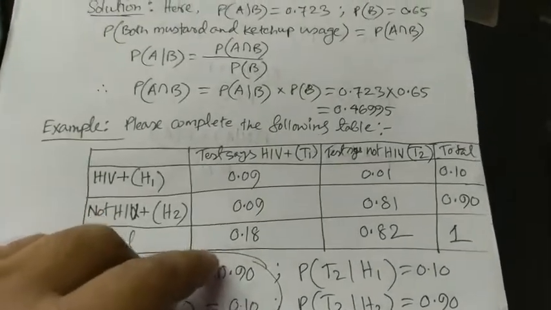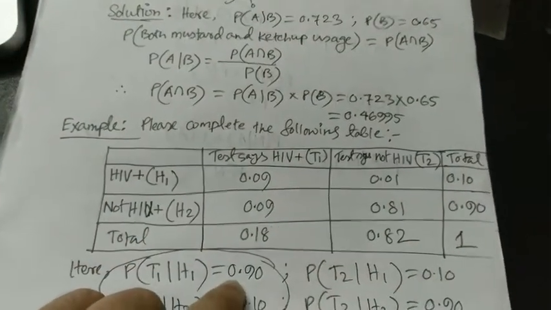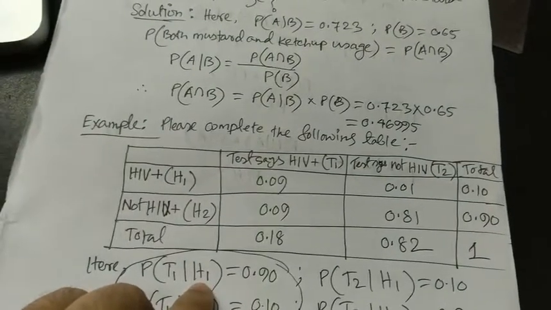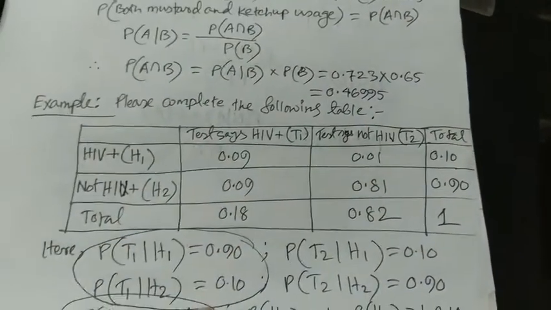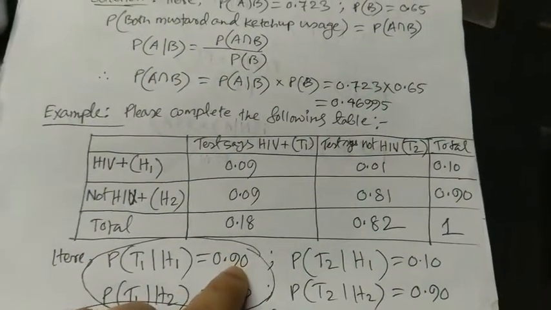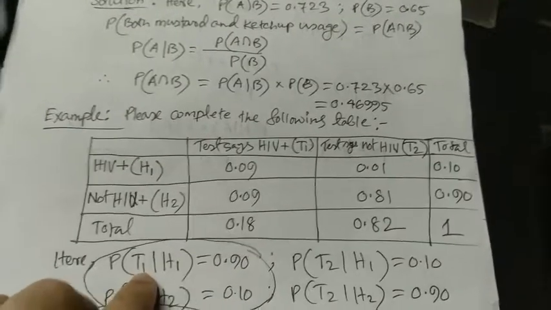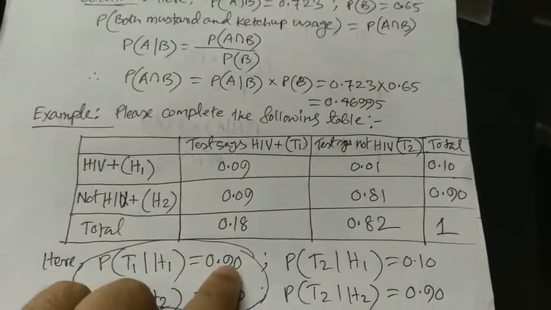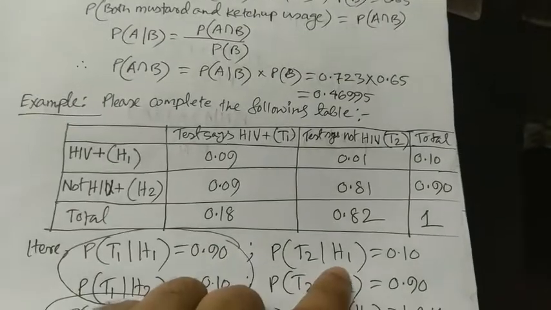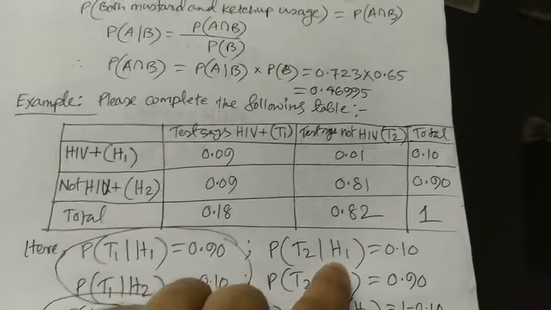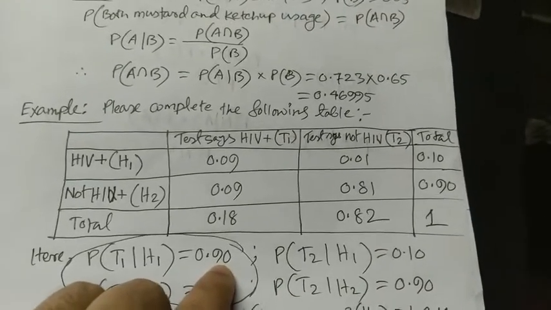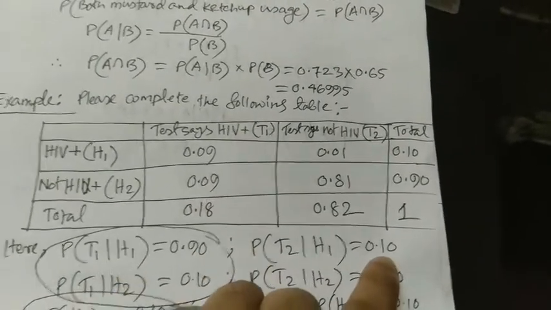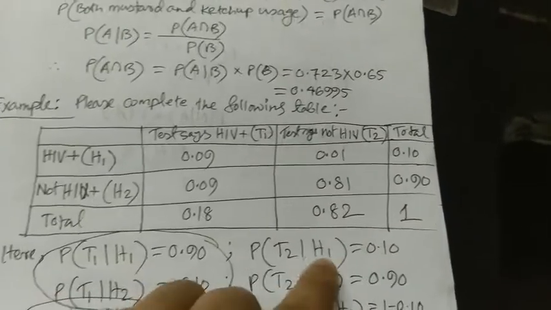Again, T1 out of H1, so this is H1. If the probability of T1 out of H1 is 0.90, in that case T2 out of H1 should be 0.10, because total probability is 1. Here also H1, here also H1.